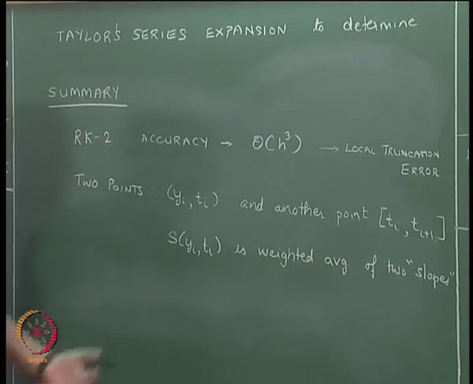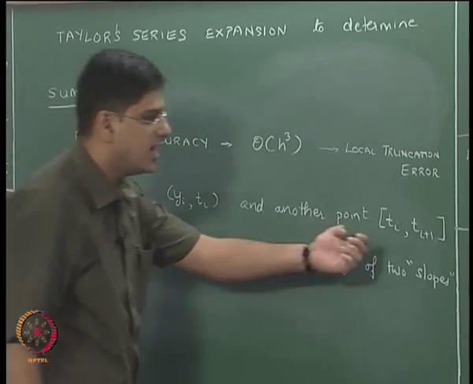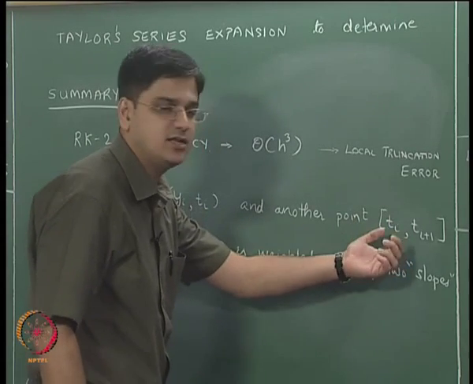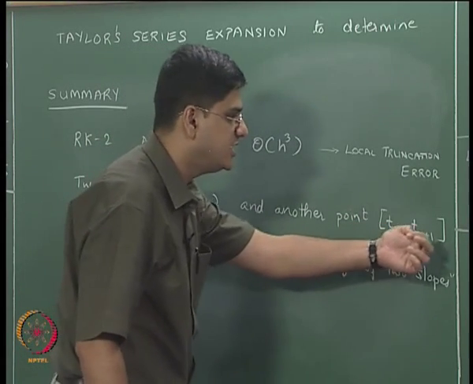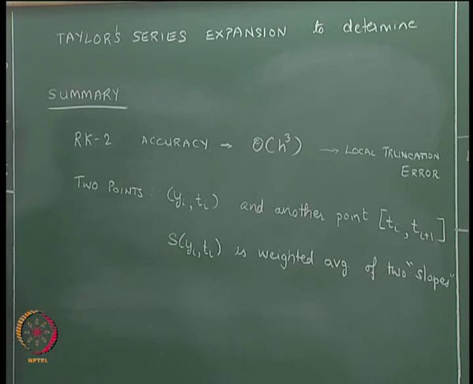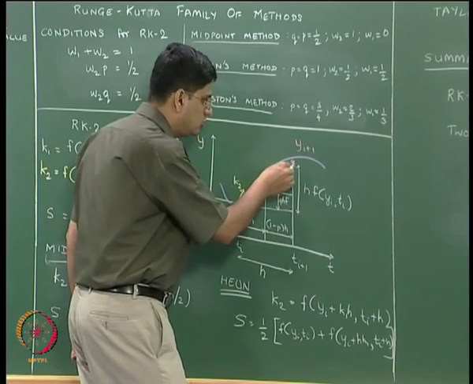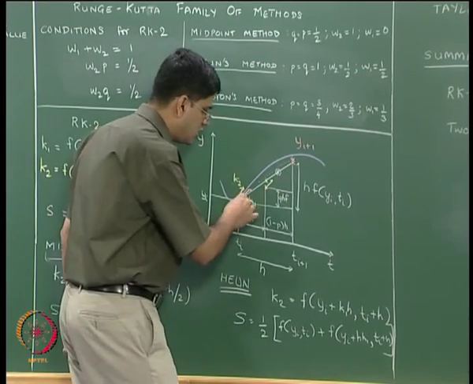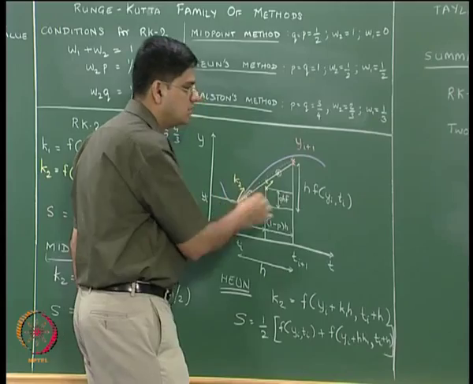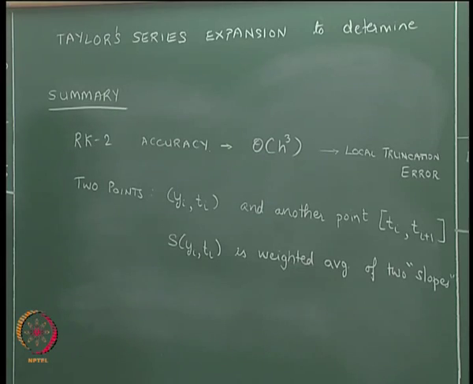The first slope computed at yi comma ti and the second slope computed at an appropriate location between ti and ti plus 1 lying on the straight line with a slope equal to k1 connecting ti to a point in ti plus 1. So, the second point lies along this particular line itself.